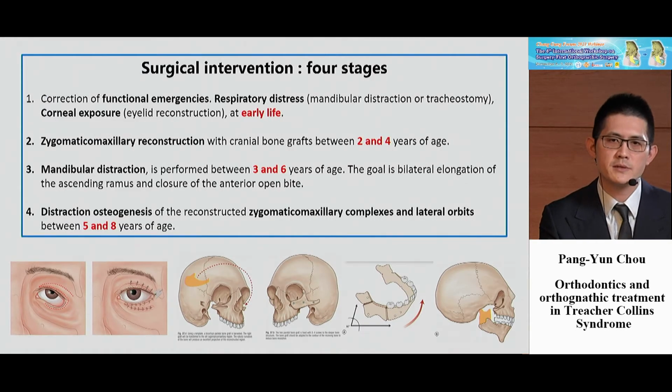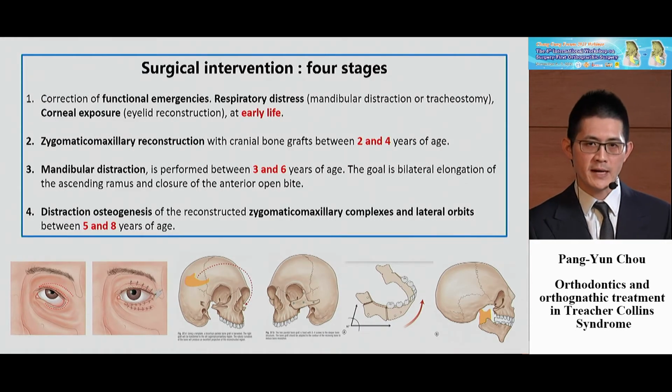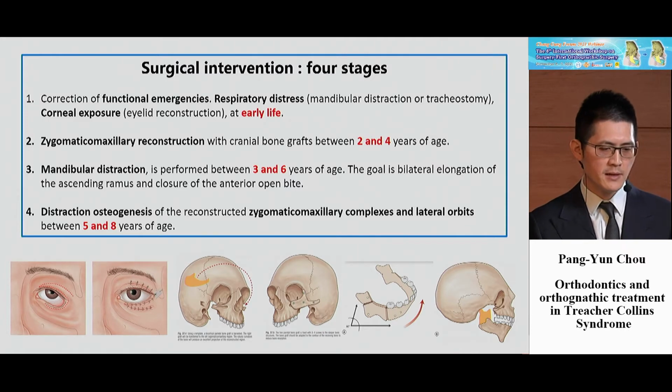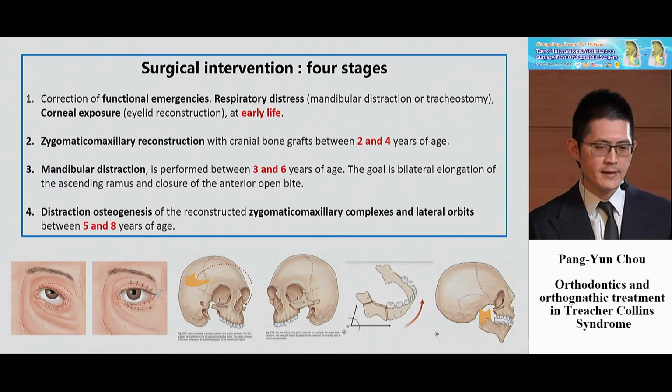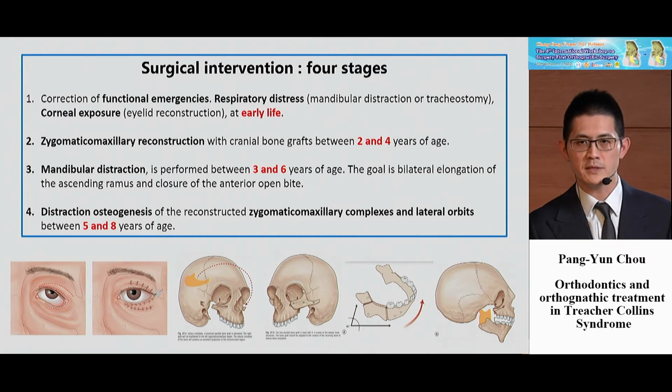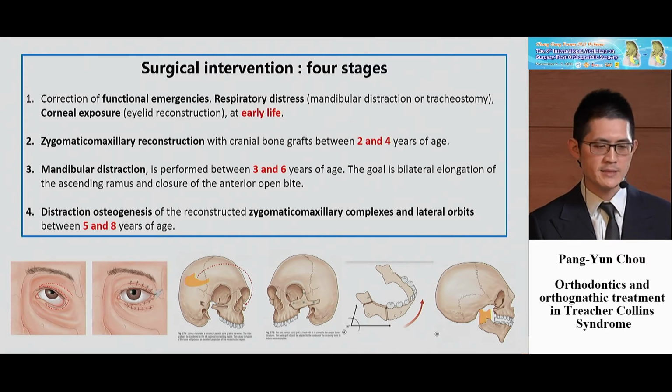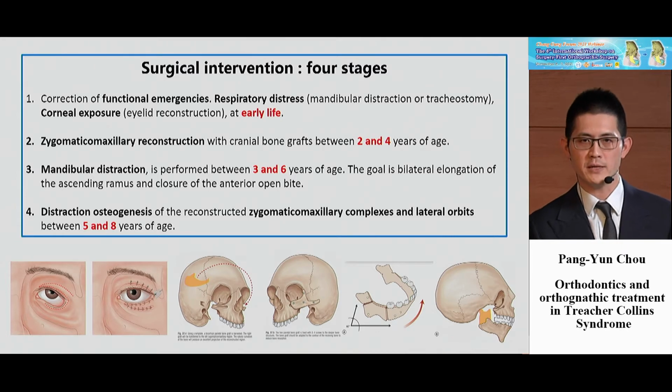In the textbook, the four stages are very clearly determined. In early life, functional emergencies, respiratory distress, or cornea exposure should be repaired first. Then, from the 2nd year to the 4th year of age, zygomatic maxillary reconstruction should be arranged.